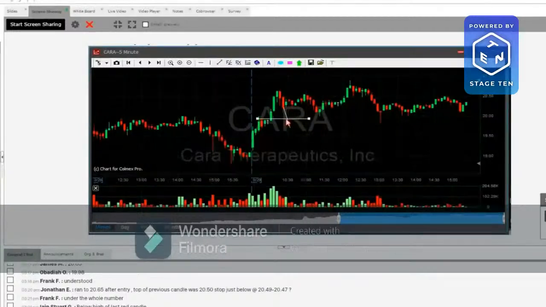Here, getting close. Here, a little bit extended. Here, I would take it up to here. I would say, okay, if this red candle moved down to that point, it could easily bounce and continue higher. No, it hasn't done anything wrong.